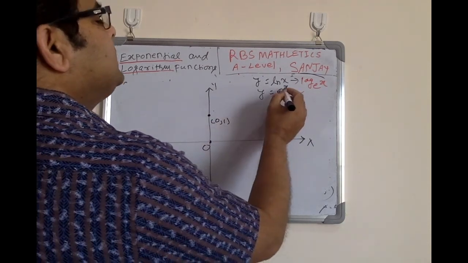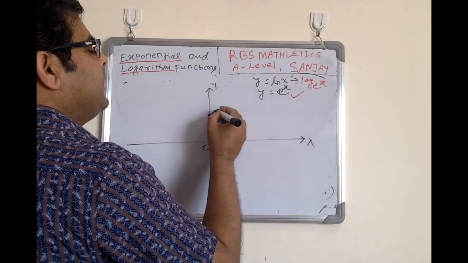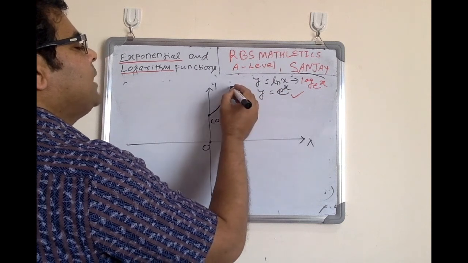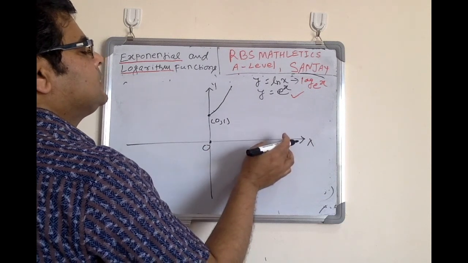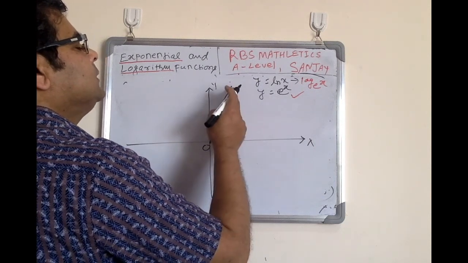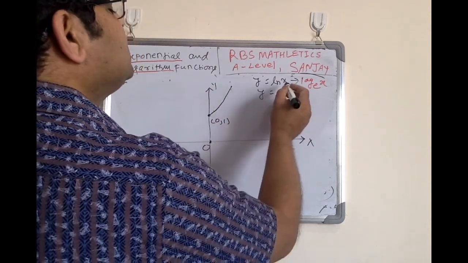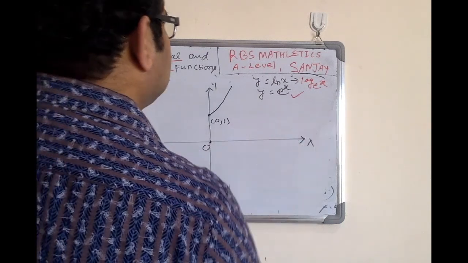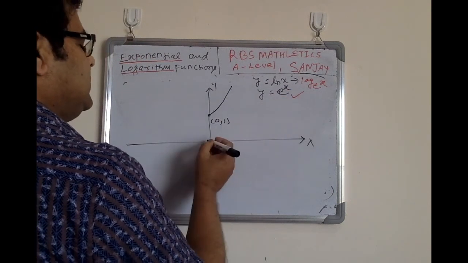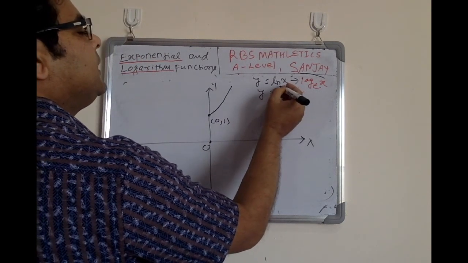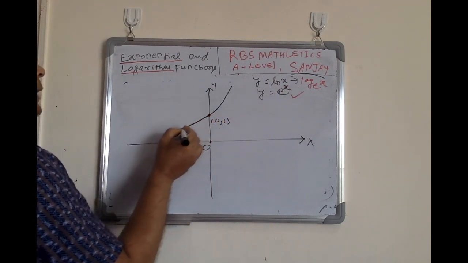Okay, and as this number is greater than 1, if you keep on increasing the value of x, your y value will rise, and you can see your curve will go like this towards the positive x-axis and rise towards the positive y-axis as well, as you increase the value of x. Similarly, if you put values of x less than 0, that is -1, -2, -3, then your curve will go like this.